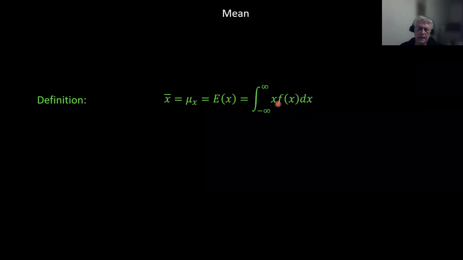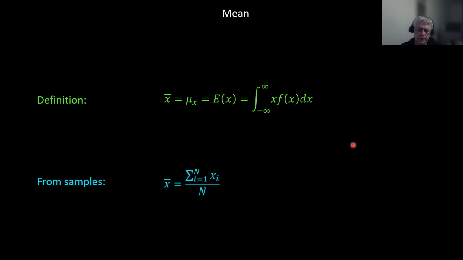Mathematically, we obtain that by integrating the random variable times its probability density function from negative to positive infinity. If we don't actually know fx, but just have a lot of samples, we can calculate an approximation to the mean simply by summing the values of the variables and dividing by the number of samples that we've got. You all know that. You've done that 1,000 times.